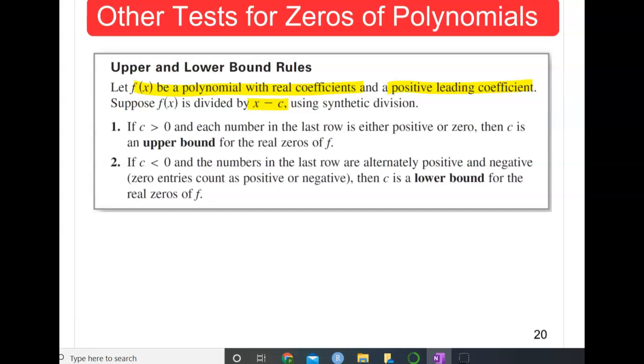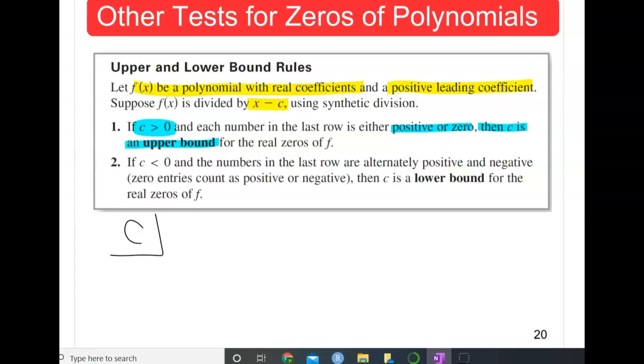So remember how we used to put the little number there? If that number is greater than 0, meaning positive, and each number in the last row is either positive or 0, then c is the upper bound for the real zeros of f, meaning that you cannot have a number bigger than that. So that's another way to cut the options of the numbers that you will have to test.